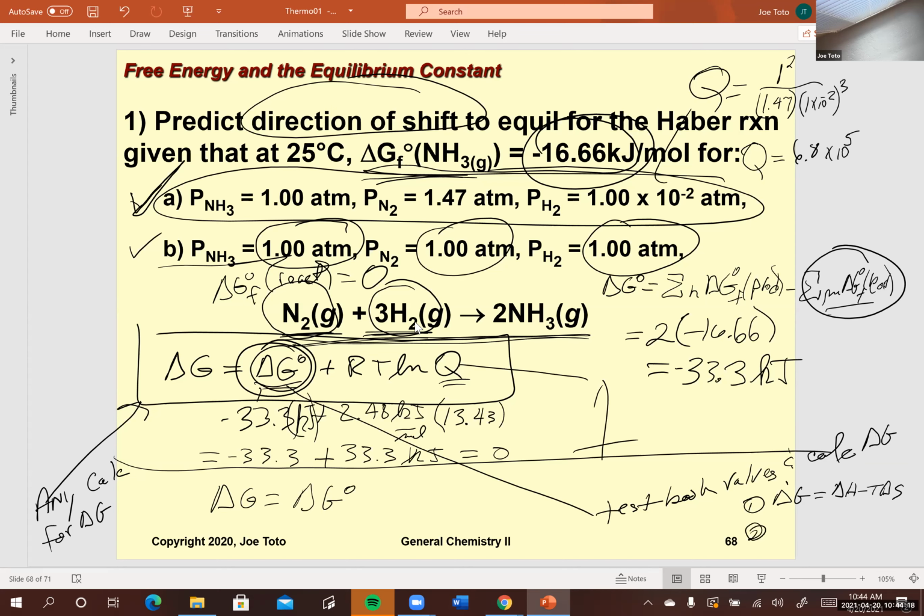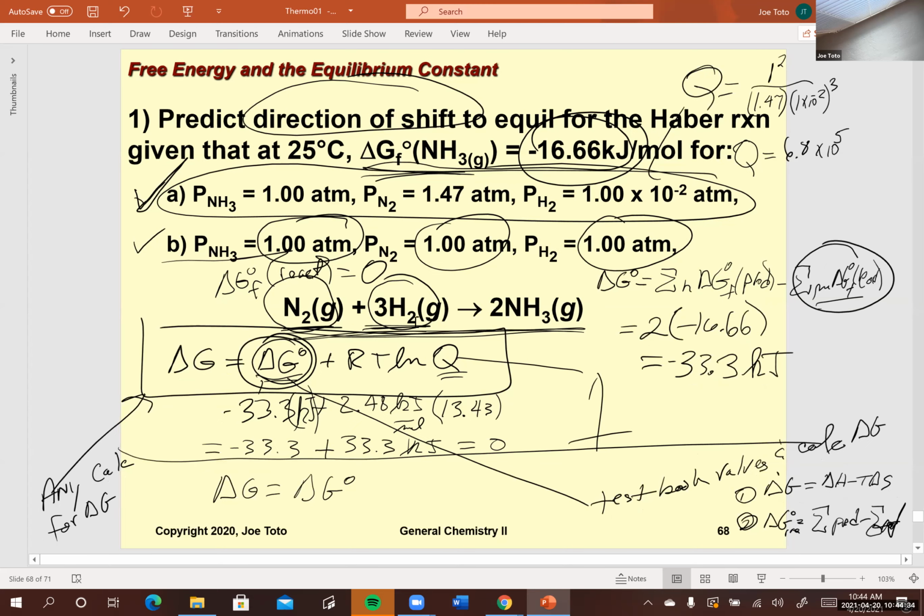Or 2, you can use that delta G formation equation. So you sum over the products minus the sum of the reactants. So you have 2 ways that you can calculate delta G0.